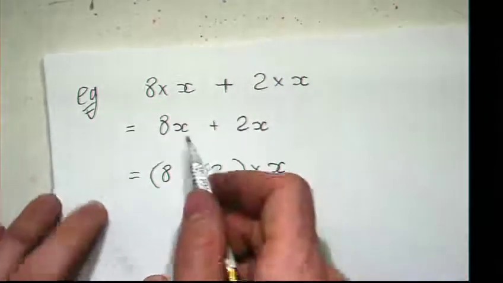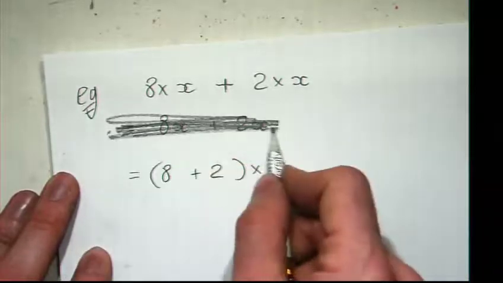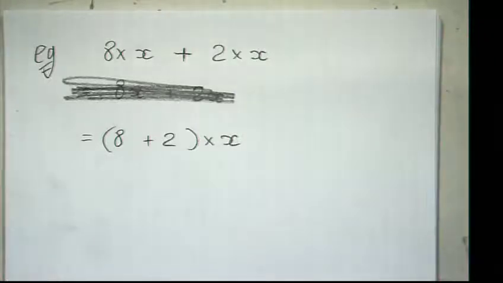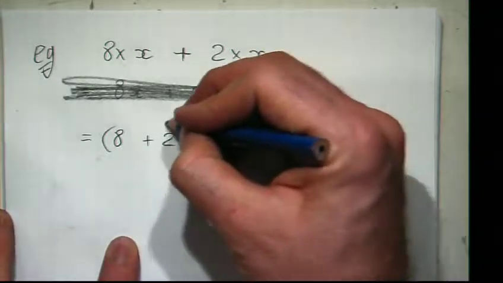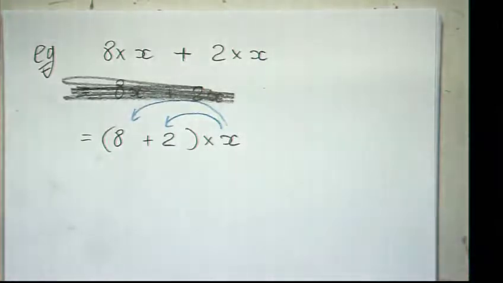I'm going to remove this line and put it back in a second. So this 8 times x and this 2 times x could have come from expanding out this bracket. So if I work this backwards, I know that a times can be brought inside a bracket with a plus. So this could just as easily have come from, I could just do that backwards, right?